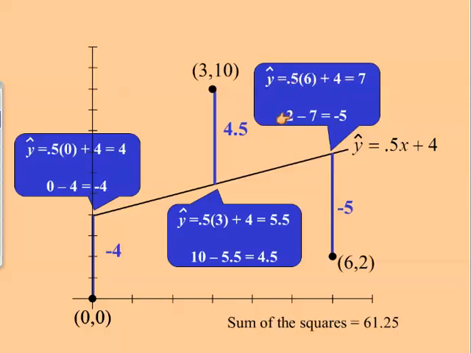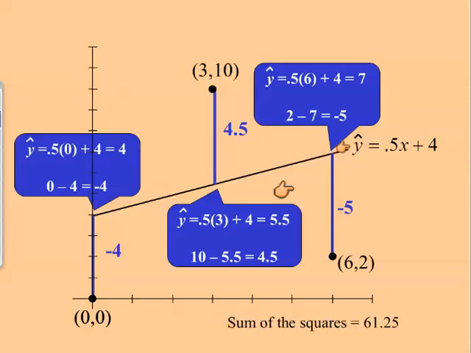So 2, which was the actual value, minus the 7 gives me a negative 5. If I take negative 4 squared, 16, plus negative 5 squared, 25, and add it to the square of 4.5, I'm going to get 61.25. That is the sum of the squares.